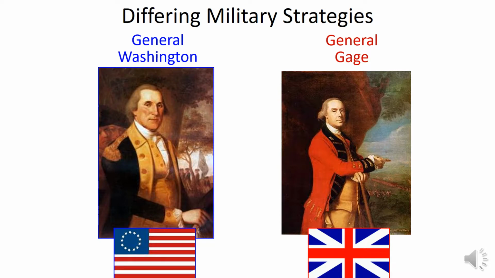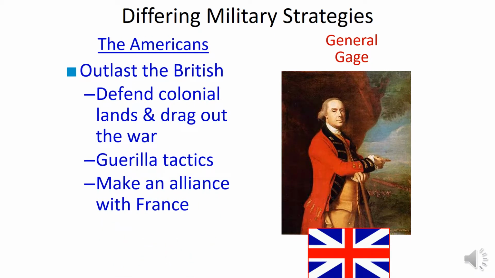All right, so differing military strategies between the two powers that are at war here, General Washington and General Gage. So the Americans really, they outlast the British. Anytime you have a military who's coming from a long way away and fighting a war on foreign soil, you have a couple things going on. You have the people back home kind of wanting to wrap it up, wanting it to be done.